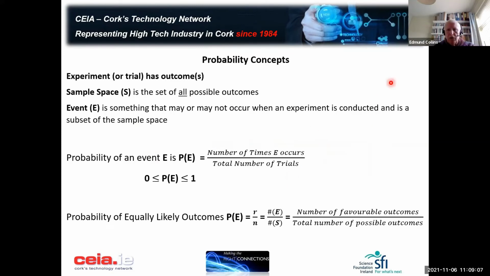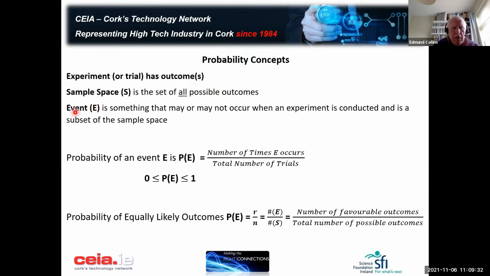So some concepts here. What's often talked about in probability is an experiment or a trial which has outcomes, and then the sample space is a very important concept, and that's the set of all possible outcomes.